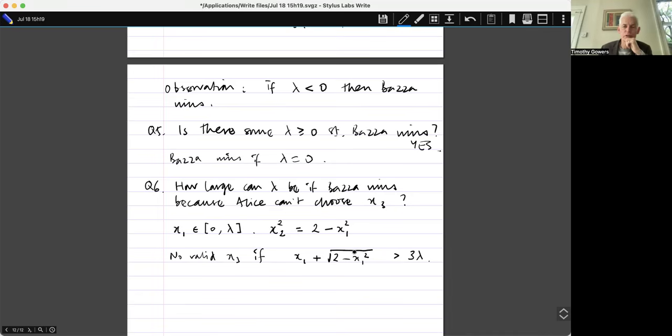If I choose x1 so that this is 0, I choose x1 to be √2, then this part becomes √2, so we get another √2. So it's believable that the graph of this is going to look something like that. And it's just some trig type thing that this looks like, a sort of sine plus a cos, something like √2 times a cos.